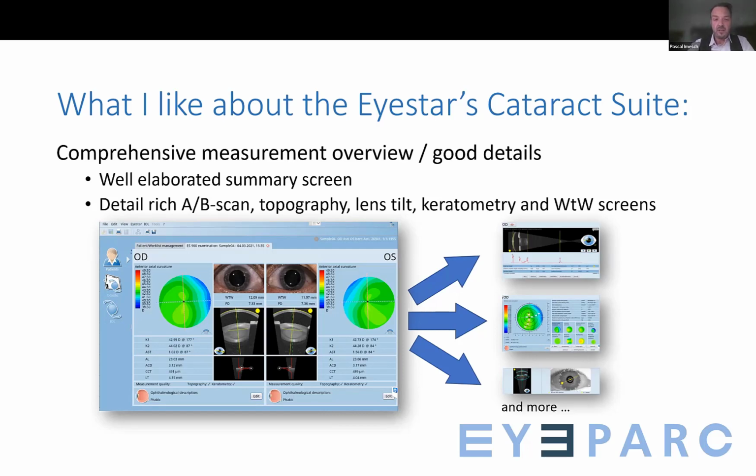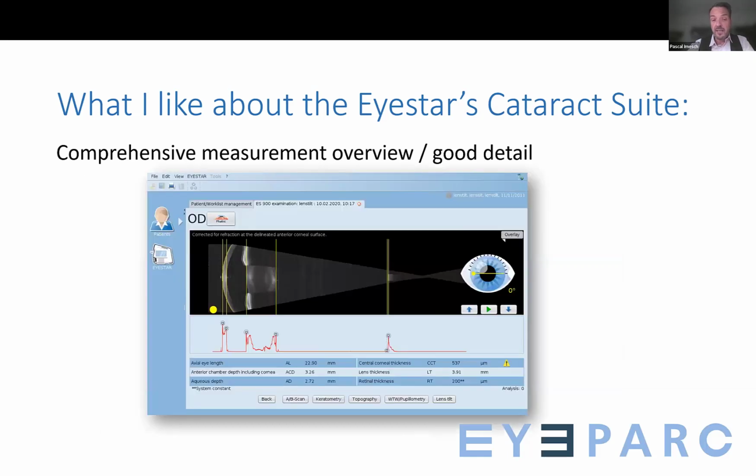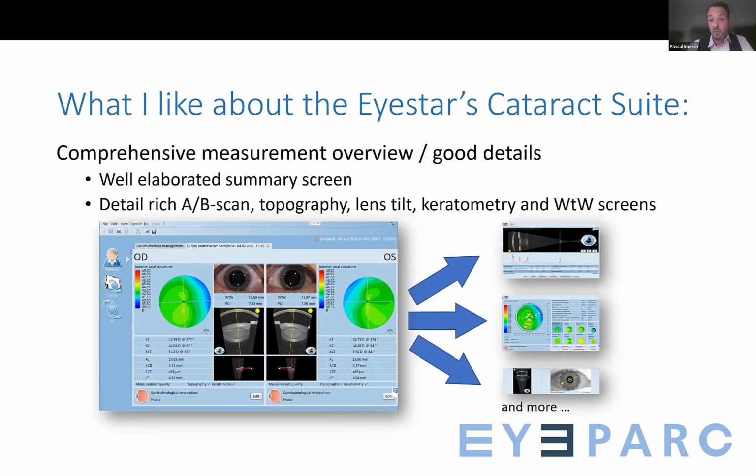So I see in one glance the pupil diameter. I usually do 2 Eyestar measurements, one in meiosis and one in dilation, so I can assess how large the pupil will be for surgery and also to explain to the patient what happens at night.